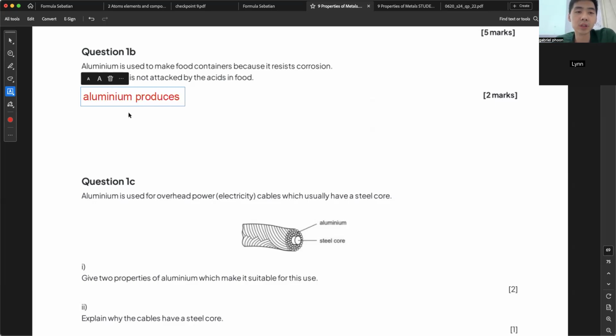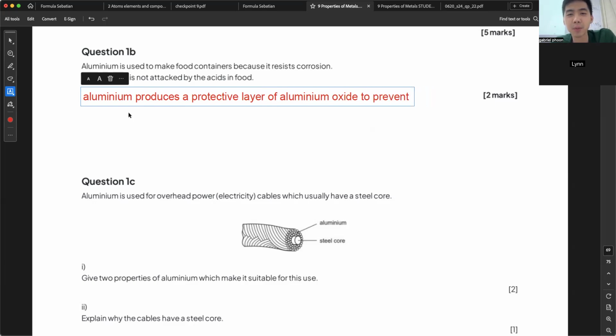Aluminium produces a protective layer of aluminium oxide to prevent corrosion, which is in the question again. That is unreactive. Good.